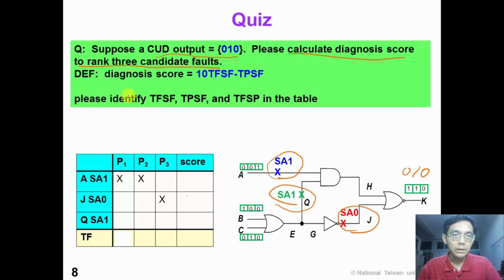Please note that the diagnosis score is defined as 10 times TFSF minus TPSF. Now please pause the video and work on this problem.